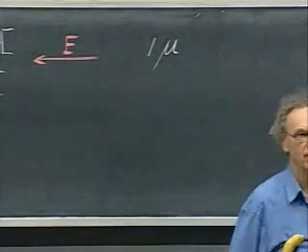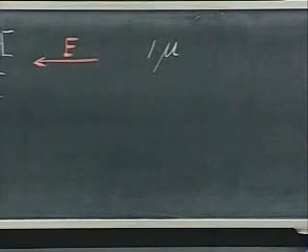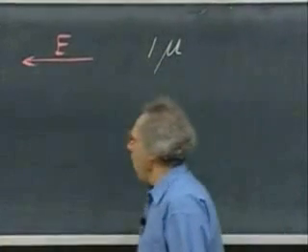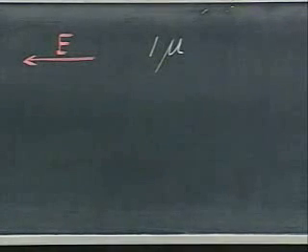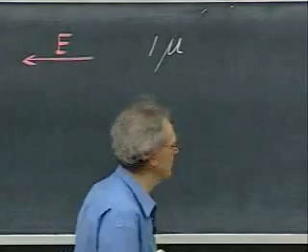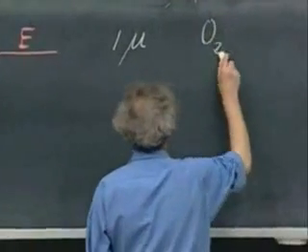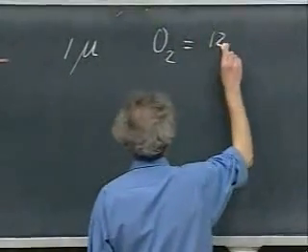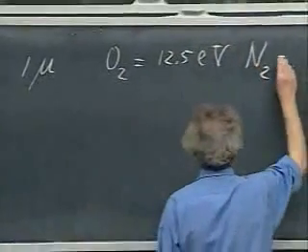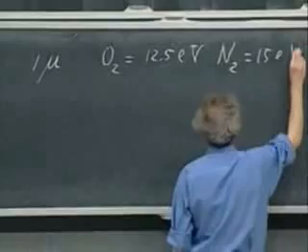It's just a given. On average, sometimes a little more, sometimes a little less, because it's a random process, of course. To ionize nitrogen or oxygen takes energy. To ionize an oxygen molecule takes 12.5 electron volts, and to ionize nitrogen takes about 15 electron volts.